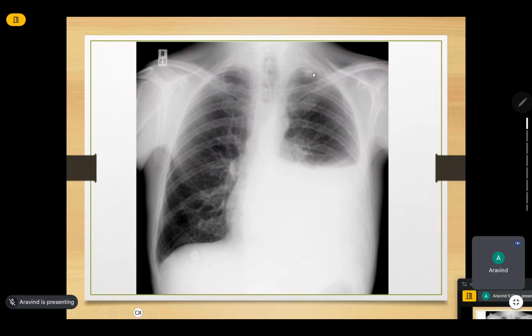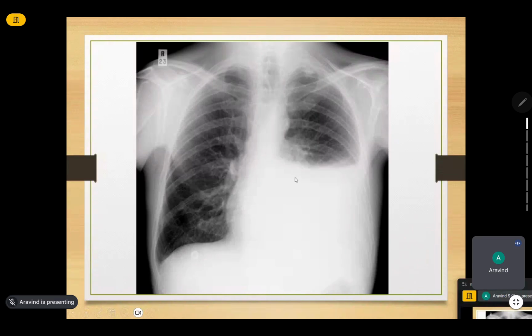But you can see that there is a concavity here. It is called the meniscus sign. The upper part of it is homogeneous opacity, and this upper part contains a concavity like this. It is called the meniscal sign. The costophrenic angle is also blurred. You're unable to see the costophrenic angle here. So these three things: homogeneous opacity, the meniscal sign, and the blurring of the costophrenic angle indicate pleural effusion.